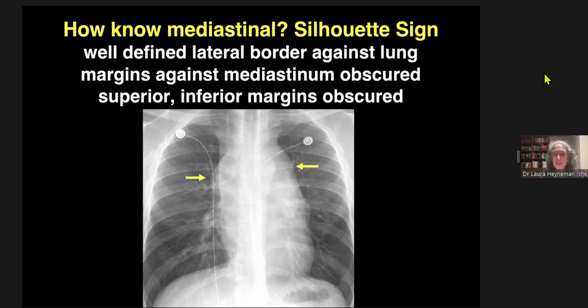So the fact that the superior and inferior border is silhouetted out, that I don't see it, tells me that it is immediately abutting the structures that lie adjacent to it. So this is midline, it's abutting the mediastinum and silhouetting out the superior and inferior margins. Now, that's why I think there's a mediastinal mass here.